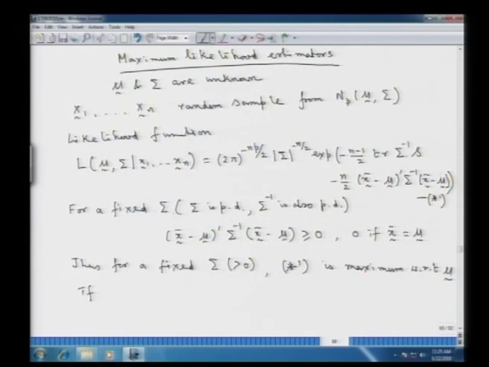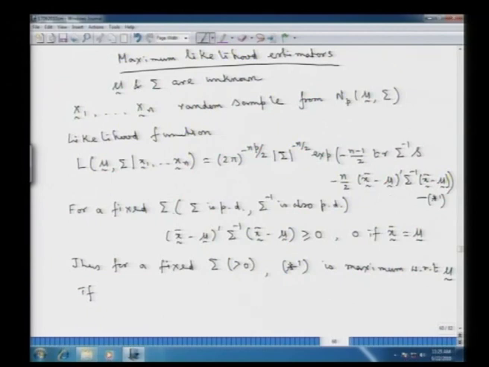So, if we are trying to maximize the likelihood function star 1 with respect to mu for a fixed value of the sigma matrix, then the likelihood function is going to be maximized if the exponent is maximized.